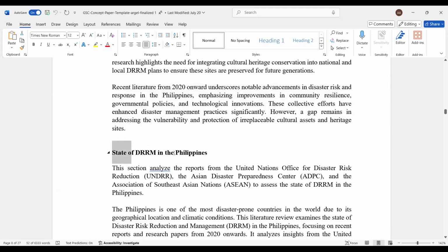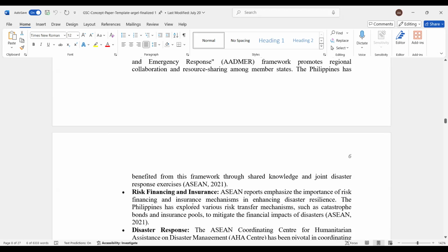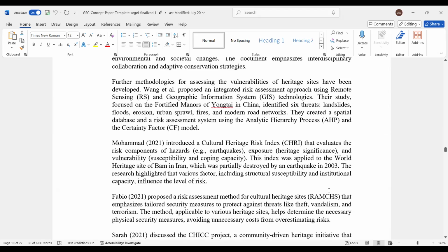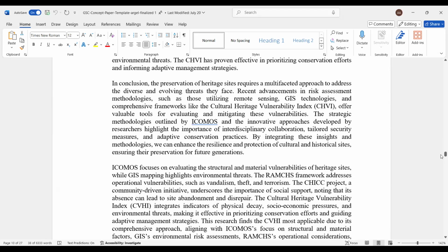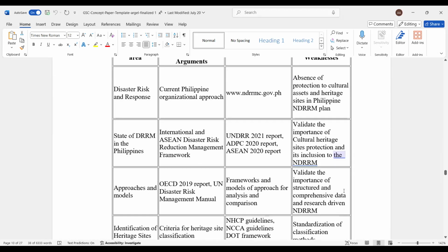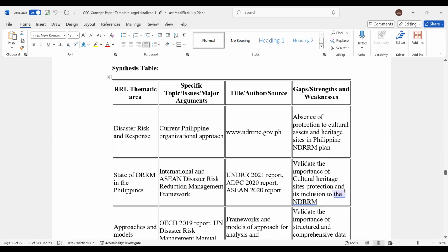Ganun din po dito, state of the art. Tapos, this one, yung synthesis ninyo, kasi sa research concept paper niyo, synthesis table ang gamit natin. This one, synthesis na. Narrative format yun na siya i-present. For example, the synthesis: a current Philippine organization approach to blah blah, pa-identify nyo. Tapos, at the end of the day, what you realize?